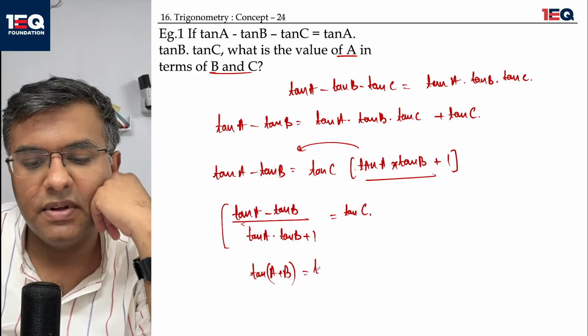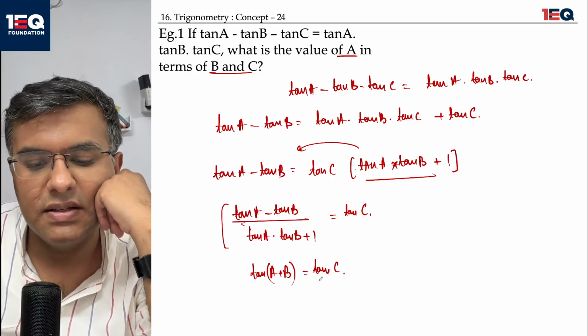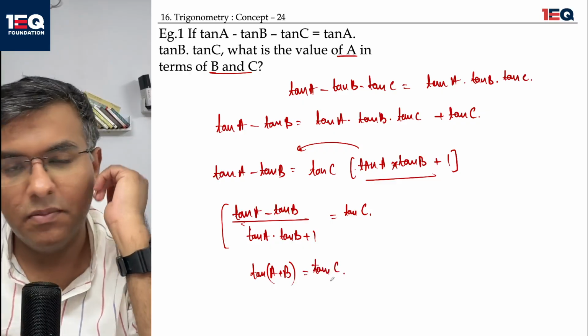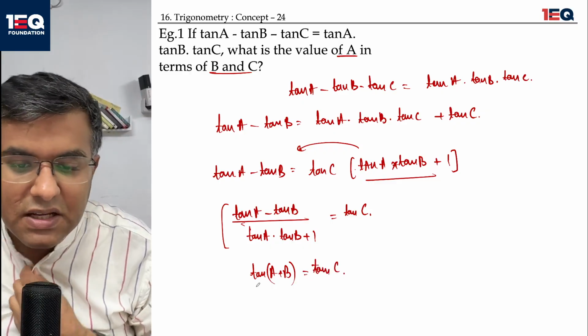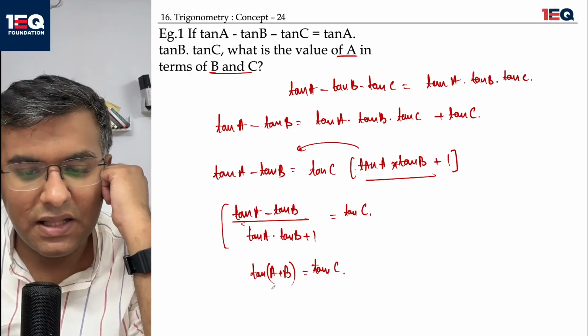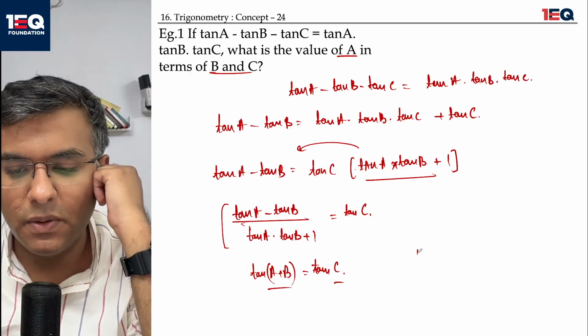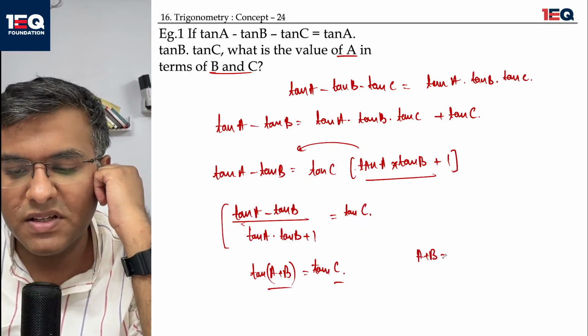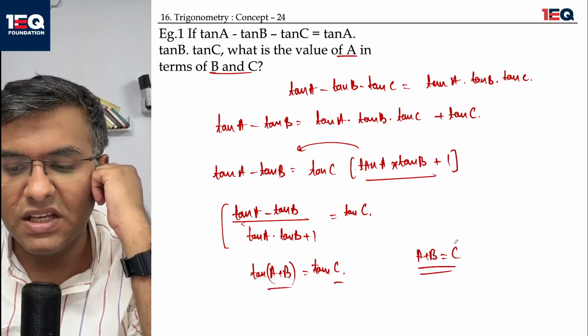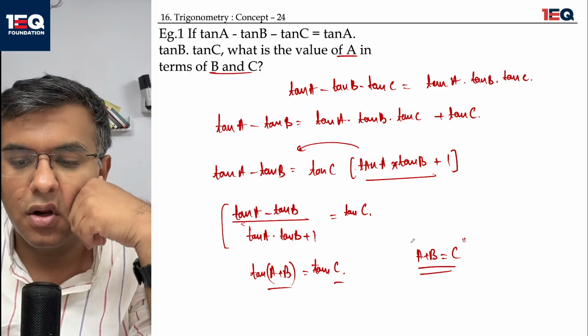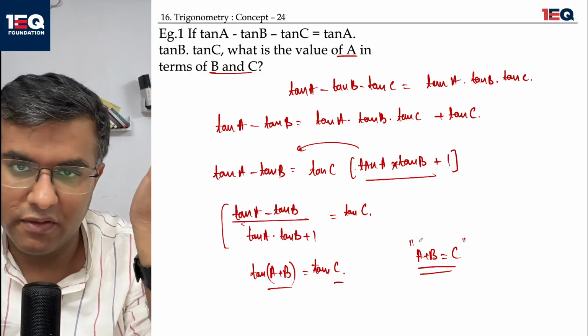So tan (A minus B) is equal to tan C. If we have the same ratio on both the sides, we can say that the angles are definitely going to be equal. So the value of A minus B is equal to C for sure. And this is what I was looking for.